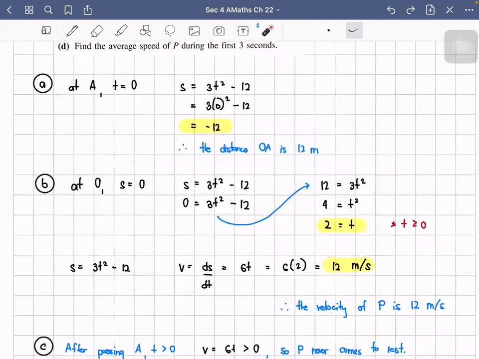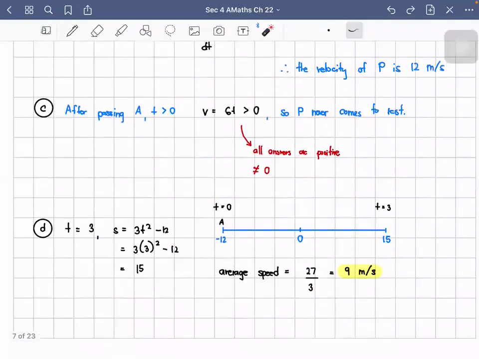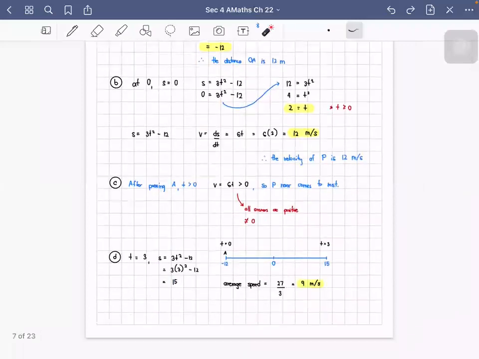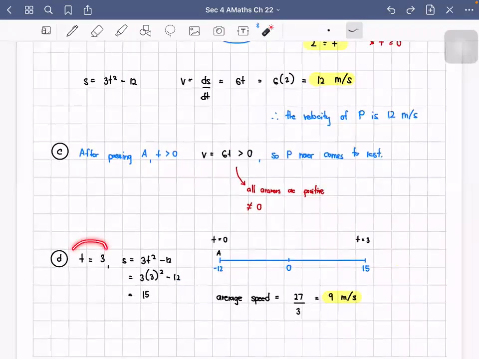Average speed is equal to the total distance covered over the time covered as well. So let's go with letter D. Again, the question is during the first 3 seconds. So therefore, t is 3, and then we need to find the displacement after 3 seconds. So it's 15 meters.